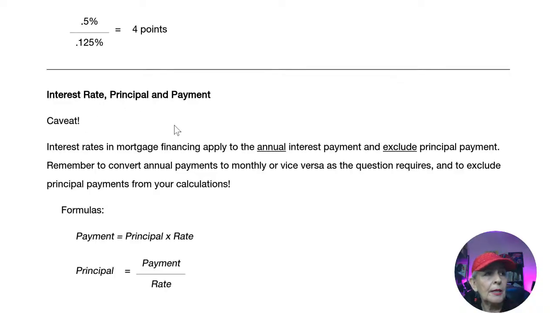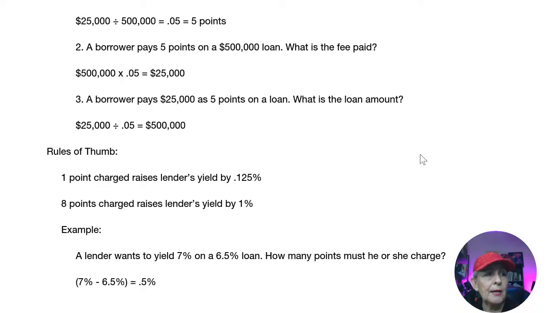Okay, interest rate, any questions on that? I rarely deal with this because I'm not on the lending side. However, it's good to understand in case our borrower asks, but I would say get that information from your lender. This is for FYI, to understand what the lenders do.